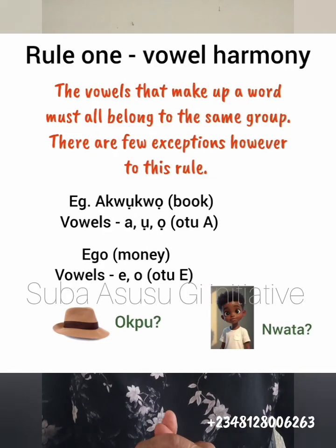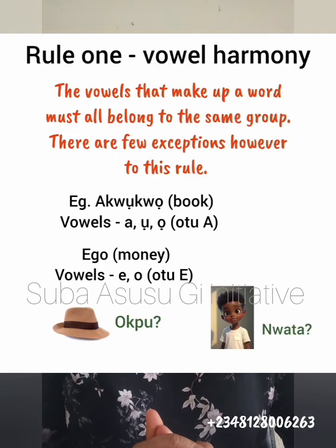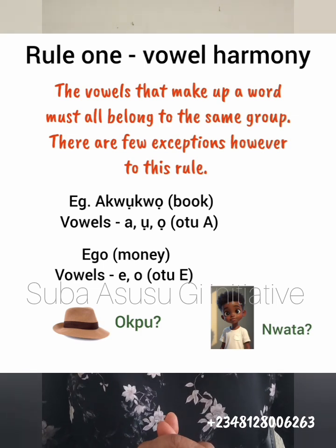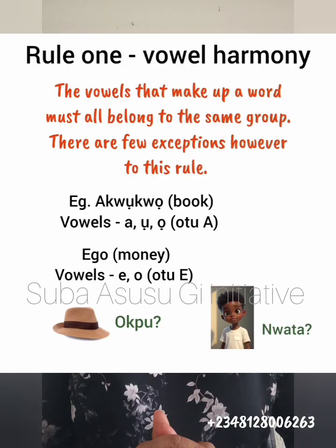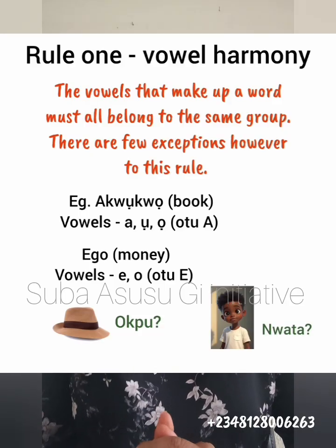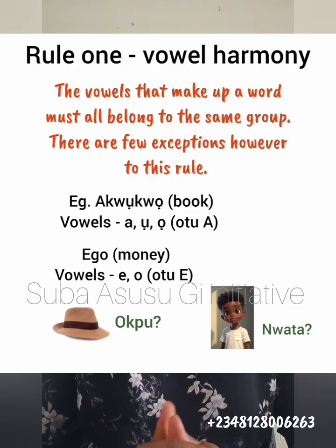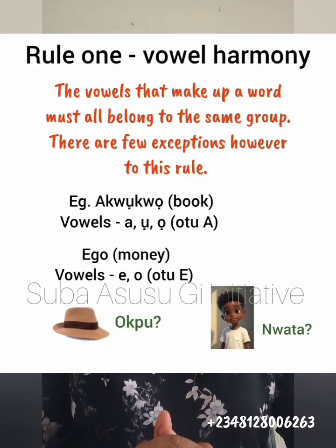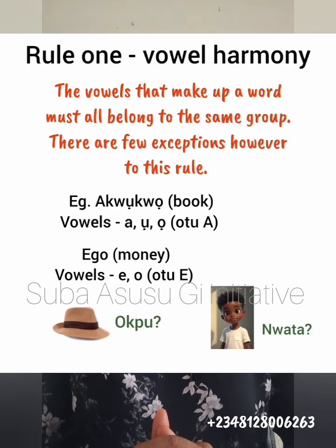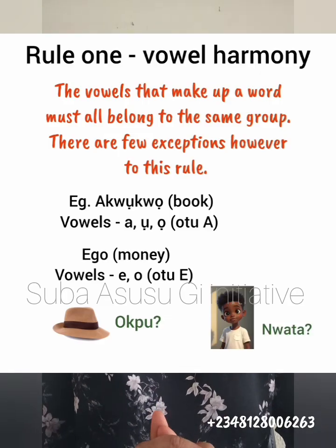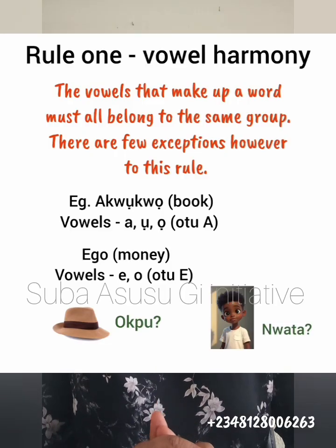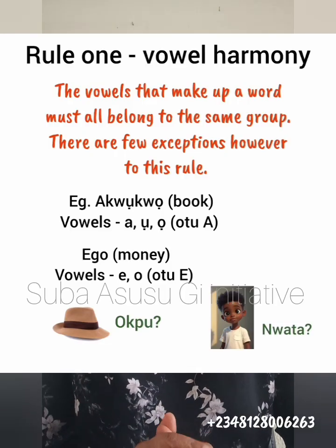We have the word akwụkwọ, which in English is book. Now, if you watched the alphabet videos like I asked you to, you will see that we have 3 vowels here and we have 2 consonants, because kwe, the one that looks like K and W, is actually one alphabet, kwe.